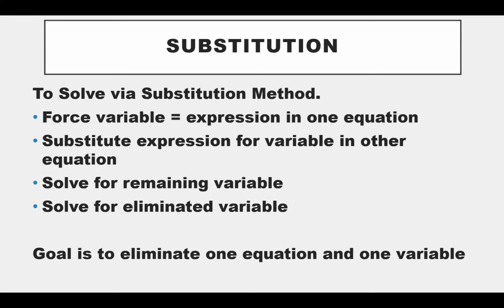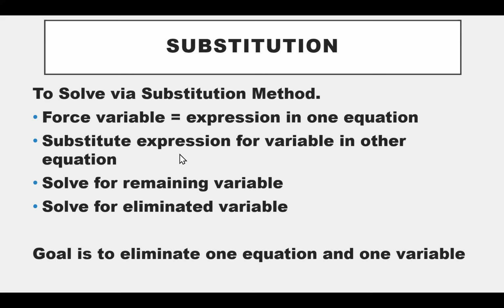Primarily, the substitution method is used when one of our equations looks like a variable equal to an expression. So if one of our equations looks like y equals mx plus b, then we have the substitution method. And what I do is I substitute this expression for the variable in the other equation.